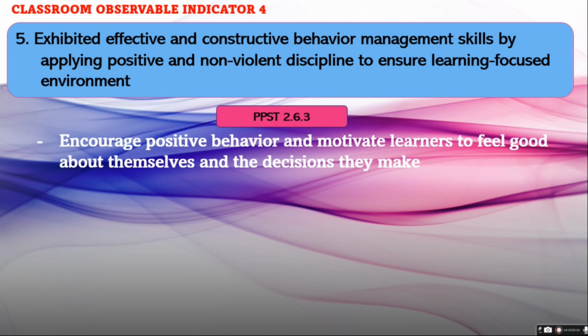With this objective, we should be able to encourage positive behavior and motivate learners to feel good about themselves and the decisions they make. So, we have to provide encouragement to our students so that they would behave positively and that they will be motivated to feel good about themselves.